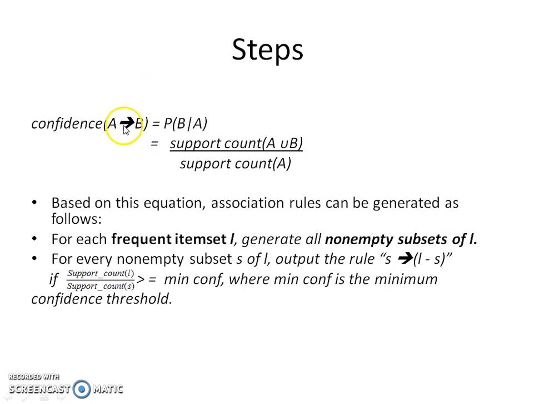So what is the support count of A union B? It is the number of transactions containing both A and B together, divided by the number of transactions containing A. This is the confidence of the rule A implies B.